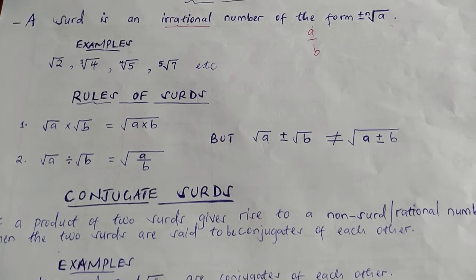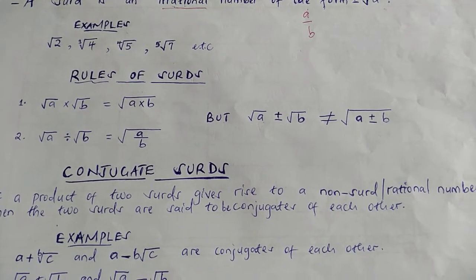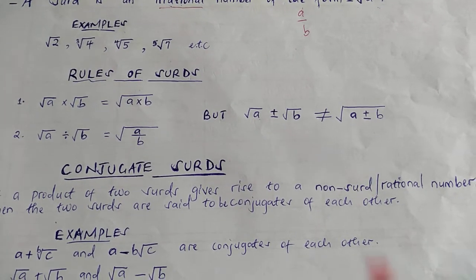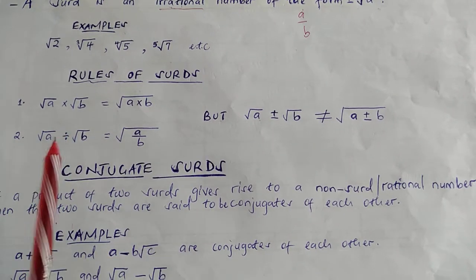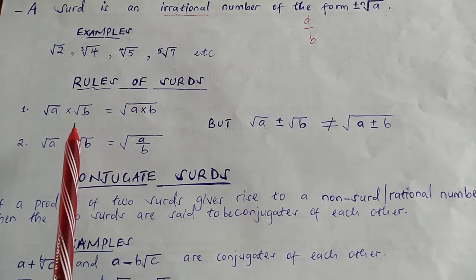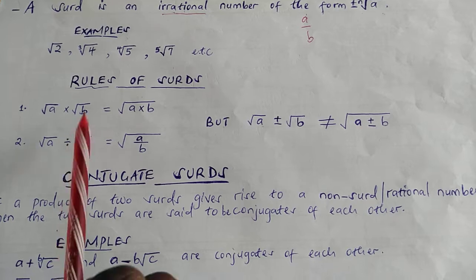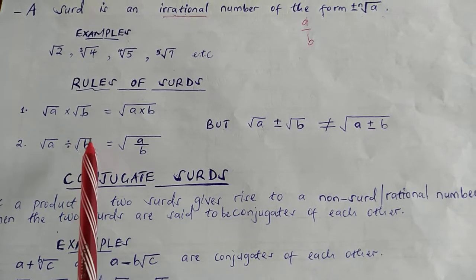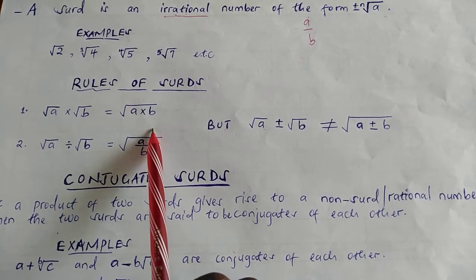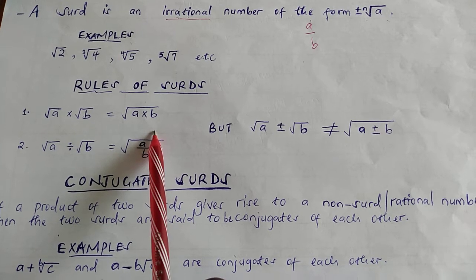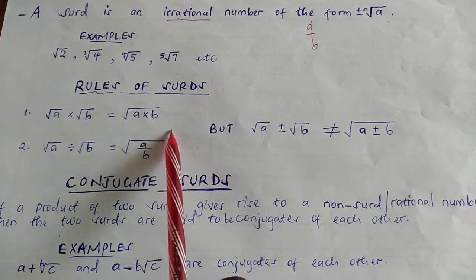Next, we're talking about the rules of surds. The first rule is that the product, or rather root a multiplied by root b, is equivalent to the root of a multiplied by b.